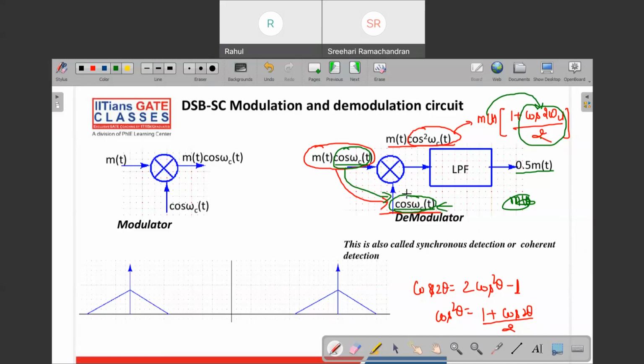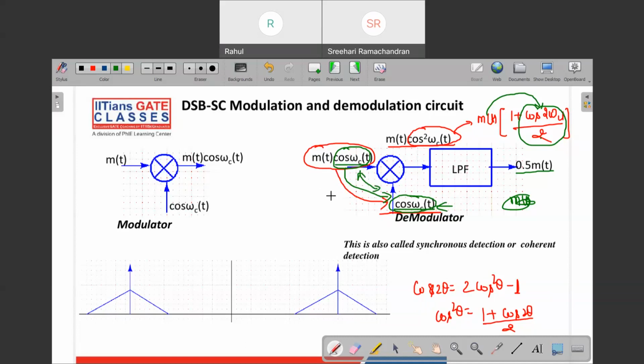If the phases are a lot of degrees different between these two, then in that case it will create a problem. Okay, so that is the main difference between the AM and DSB-SC. In DSB-SC, we have very good efficiency, but that is coming at the cost of this synchronicity problem. Okay, that is a trade-off that we have to make here.